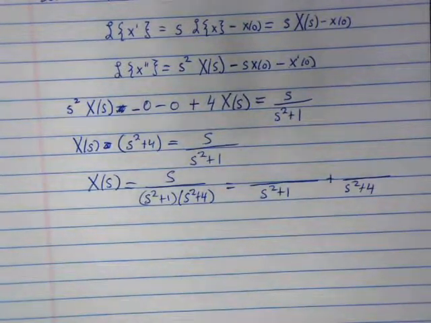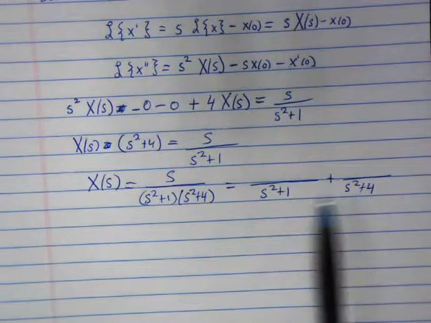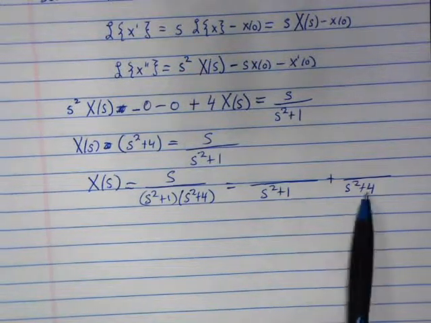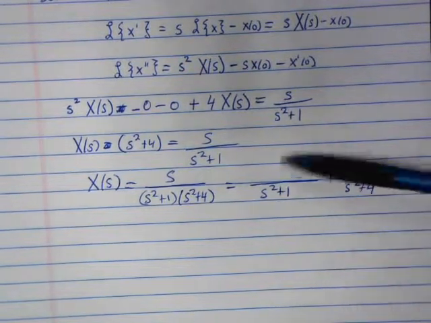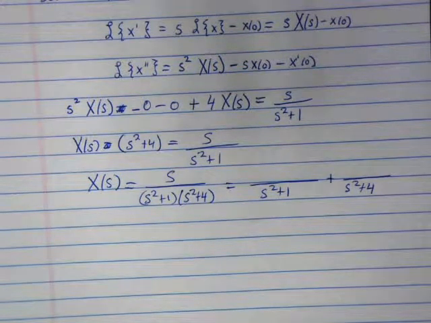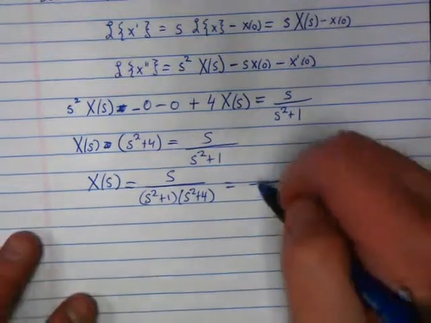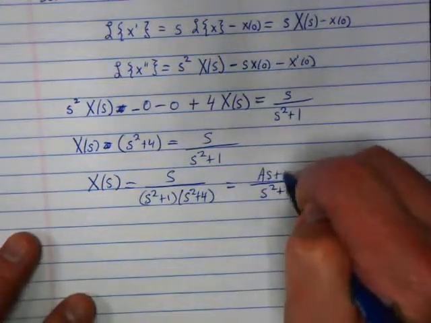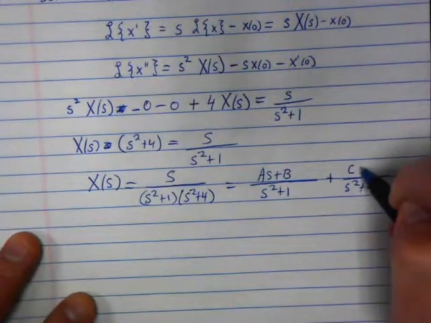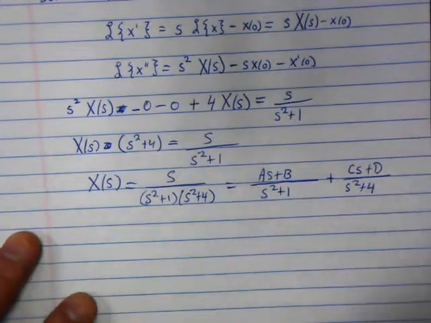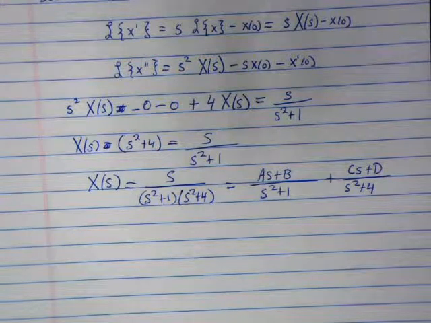Those are quadratics which do not factor. When you have quadratics that do not factor, what do you need on top? Linears. That's correct. So this has to be as plus b, and this one has to be cs plus d. When you have quadratics on bottom which do not factor, that means you're going to have linears up on top.